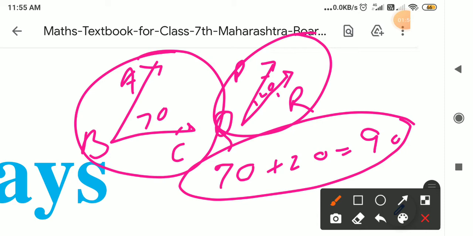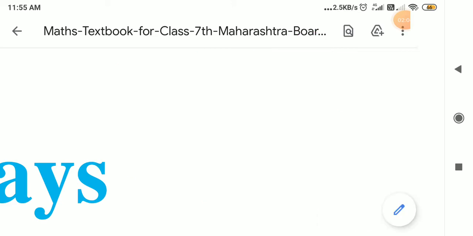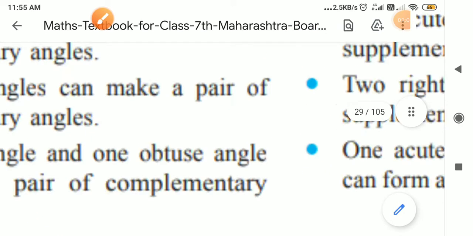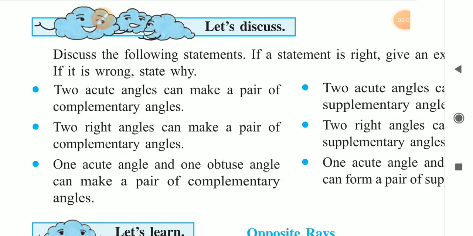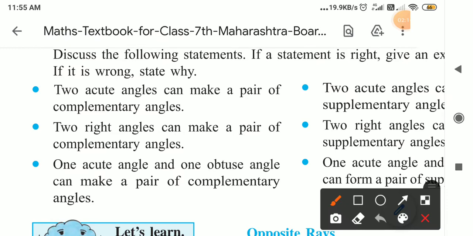According to the definition, angles whose measure is less than 90 are called acute angles. That's why the first statement, that two acute angles can make a pair of complementary angles, is a true statement.